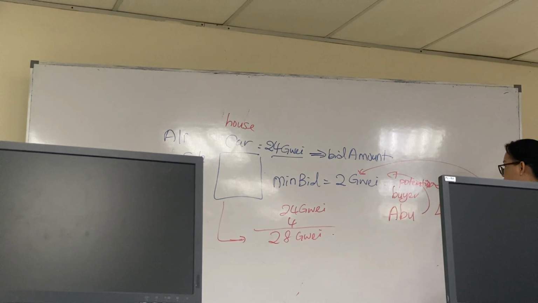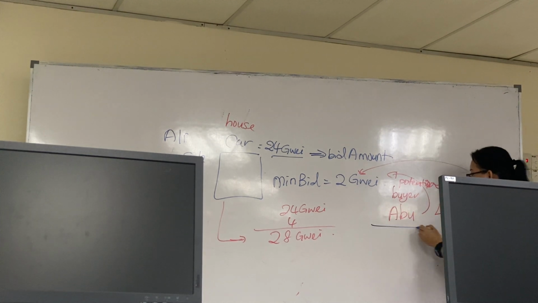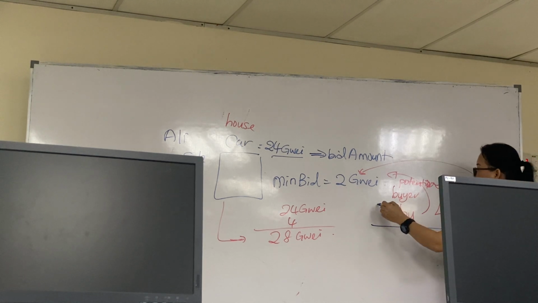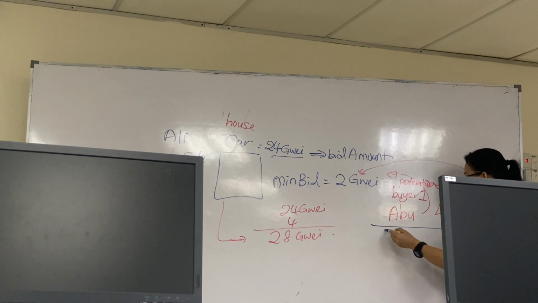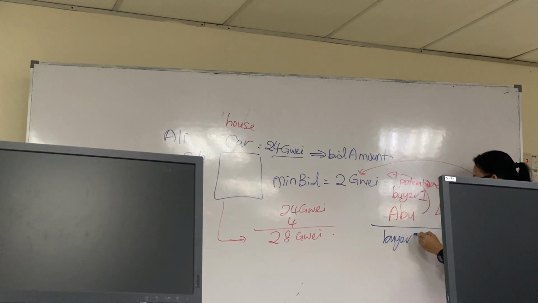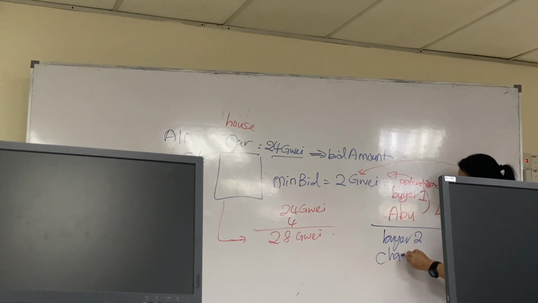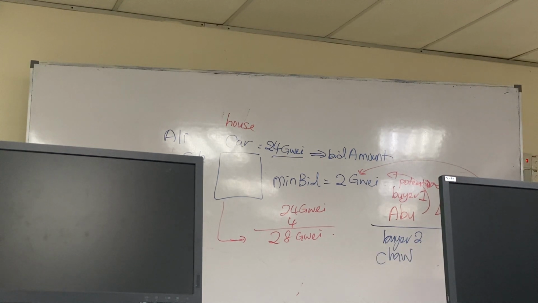This is buyer 1. Let's say I have buyer number 2, who is a child and is only willing to pay 0.5, or maybe only 1 G-Way.